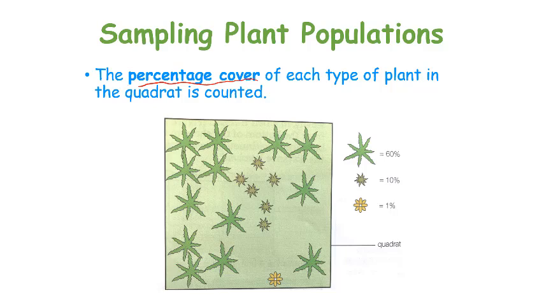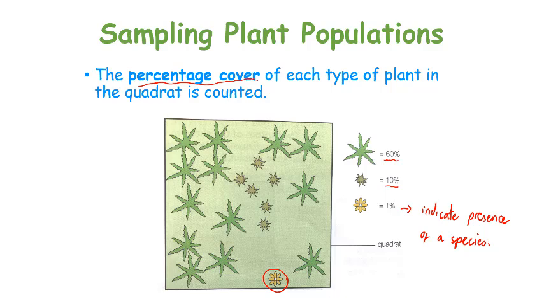So in this quadrat, we're saying that roughly 60% of the area is covered by the large spiky plant, 10% is covered by the small spiky plant, and because we've got this one here, the 1% is usually given just to indicate the presence of a species.